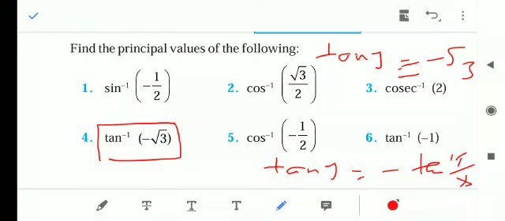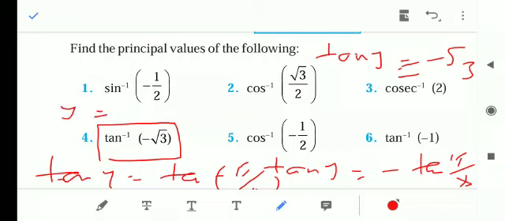So we will consider the value of y lies in the fourth quadrant. So here we can write tan y equal to tan minus pi by 3. So y will come out equal to minus pi by 3. So the answer is tan inverse minus root 3 is minus pi by 3. The principal value of this is minus pi by 3.